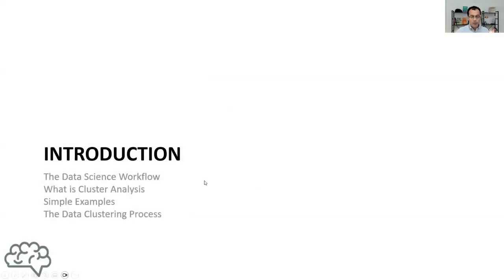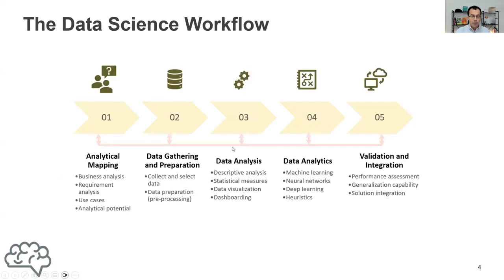Here, in this first part, I want to briefly discuss with you again the data science workflow. If you see many of my courses in some of the series, I talk about this workflow because it helps us to understand how the field is organized and in which step of the whole process we are at the moment we are presenting now.